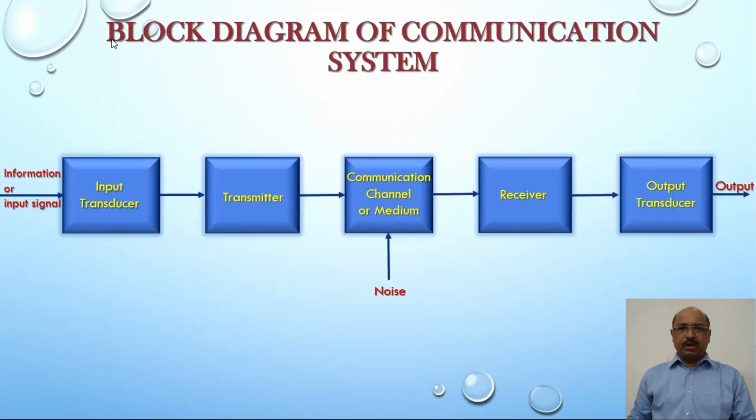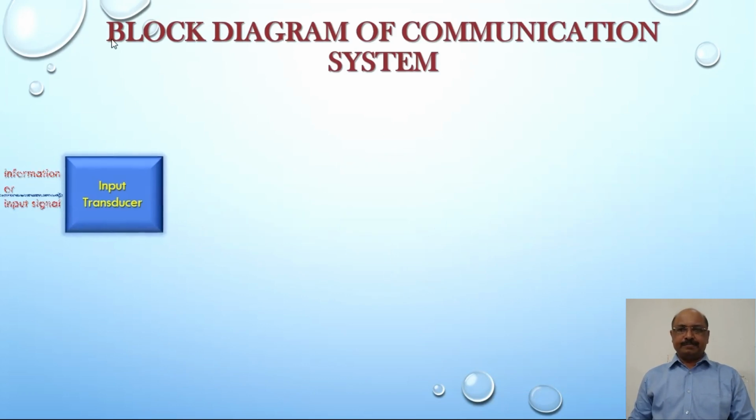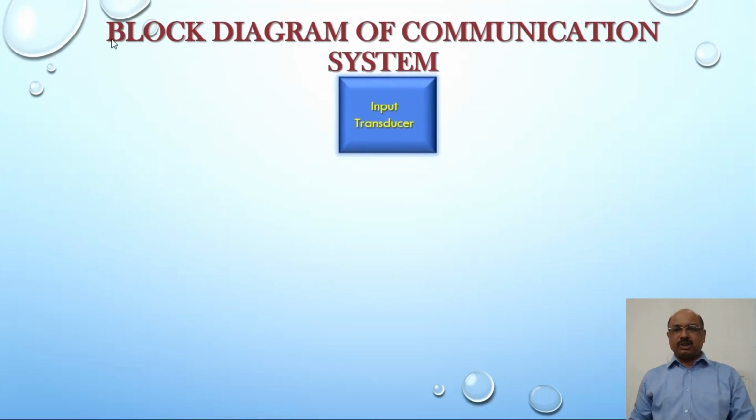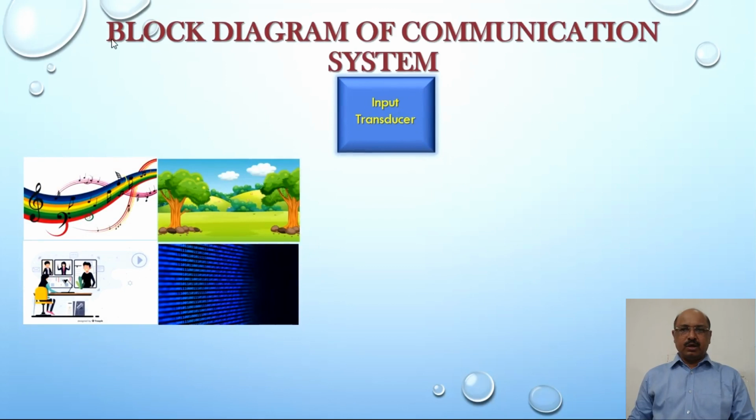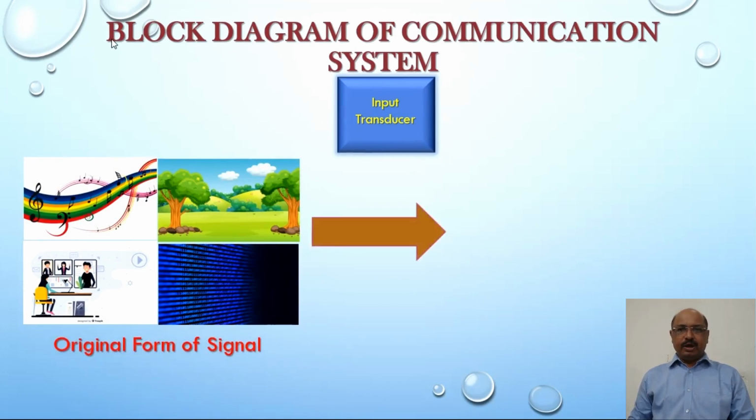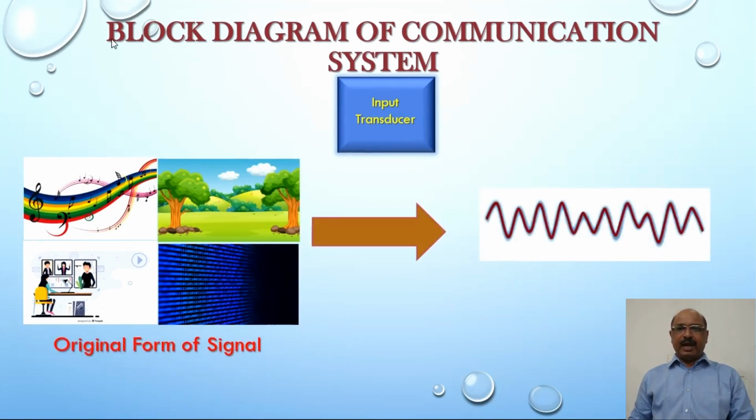The second block is the input transducer. Before transmitting the input signal, it is first converted into an equivalent electrical signal from its original form.